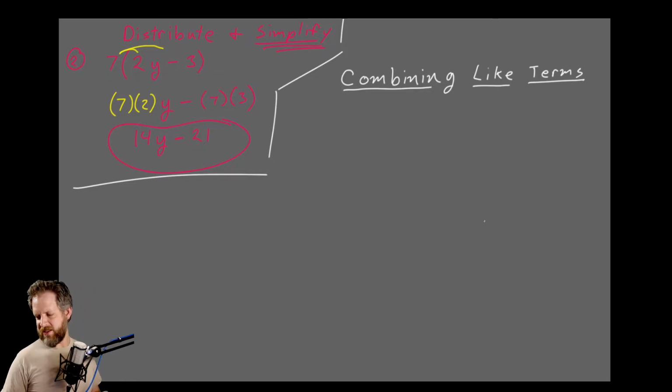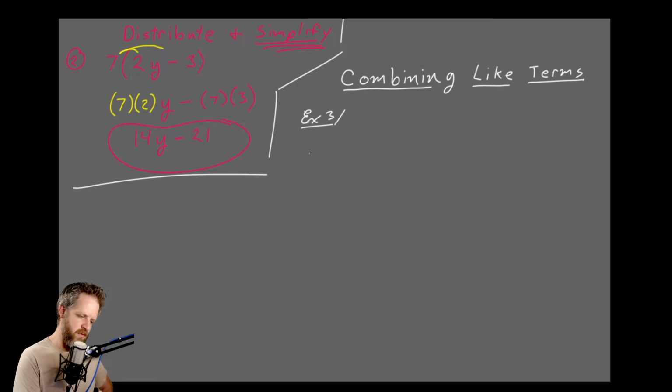So combining like terms. So let's teach combining like terms through an example. So let's do example 3, right? And let's throw in a dark blue and see if that's terrible to read or not. Okay. So let's do 6t squared.